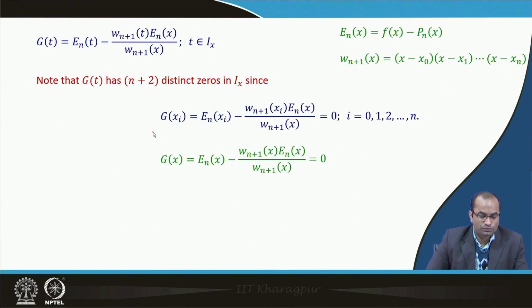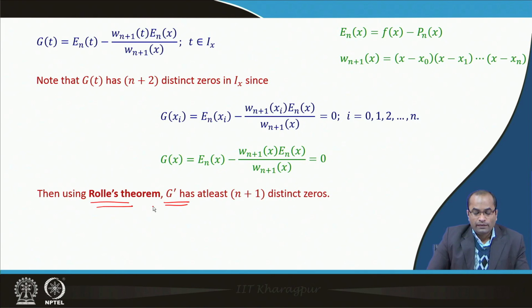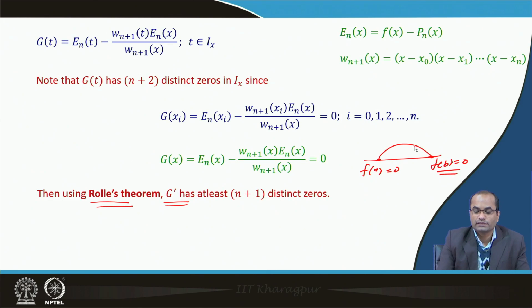Having this property, now we can use Rolle's theorem, which says that g prime, its derivative, will have at least n+1 distinct zeros. Whenever we have a function, for instance, with these two zeros, if f(a) is 0 and f(b) is 0, then Rolle's theorem says that there will be a point in between where its derivative will also be 0.